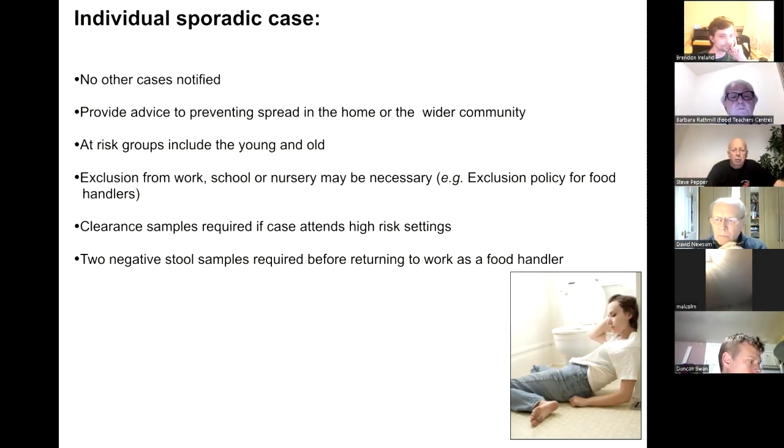Excluding people from work, school, or nursery may be necessary, particularly with food handlers. Clearance samples are required in the case of high-risk settings, for example, a hospital or a nursing home. And 2 consecutive negative stool samples are required before returning to work as a food handler.